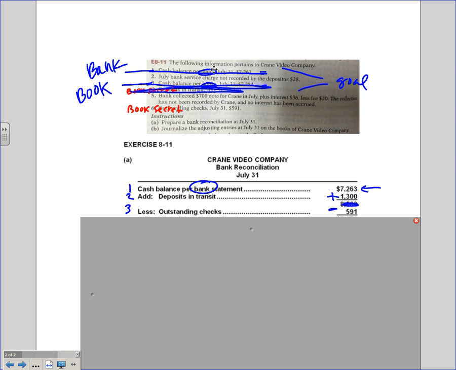What if we had many of them? You could add them all up, or you could itemize them underneath. No, because it's the same number. Equals the adjusted cash balance per the bank. Now we're going to mark this up a little bit more. Do you think that's the number we're shooting for on the other camp? Yes.